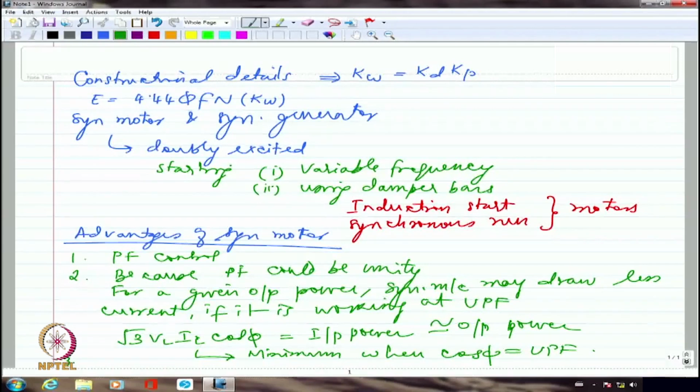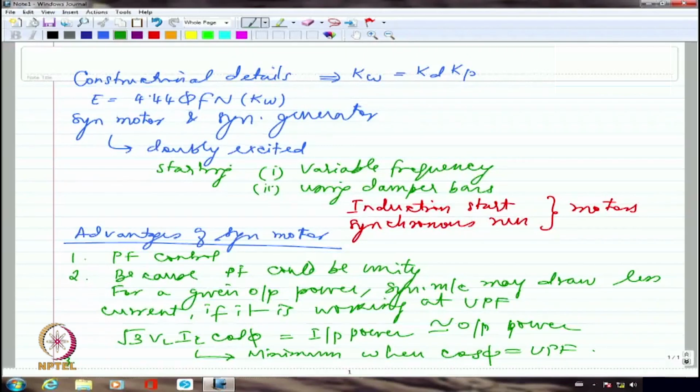Whereas in an induction machine, I can't afford to increase the air gap, because the more I increase the air gap, the leakage will increase, and the power factor will become worse and worse. It is going to make the power factor much worse.